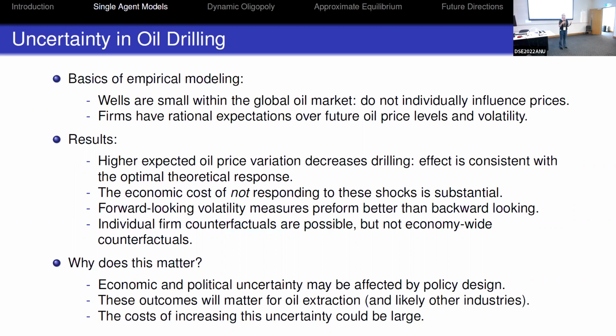For instance, if you're thinking about OPEC having more or less global power over oil prices, in a world where OPEC is trying to keep prices in a narrower band, this paper is telling us that that can substantially affect how much oil gets pulled out of the ground. And that's something we care about because once you burn the oil, you get carbon.